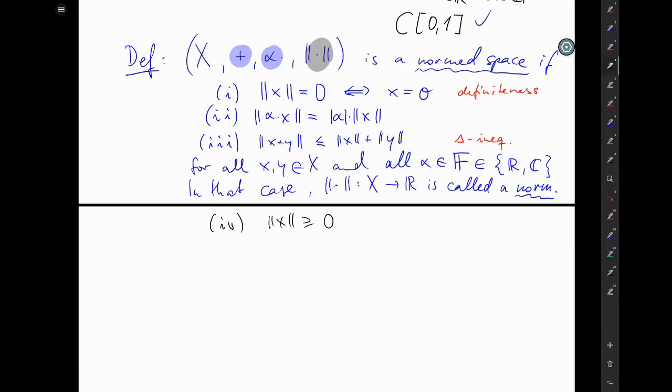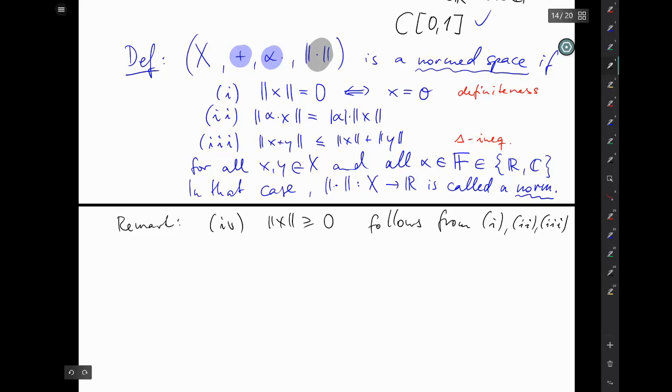And we want to know whether property 4 follows from 1, 2, and 3. And you can guess that yes, it follows. So let's make that remark. Property 4 follows from 1, 2, 3.